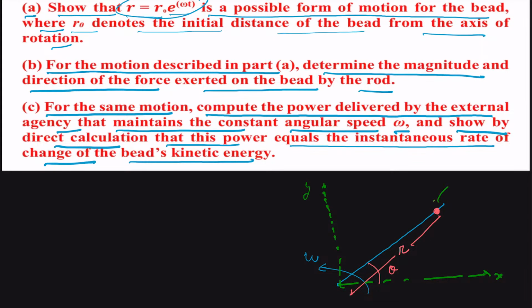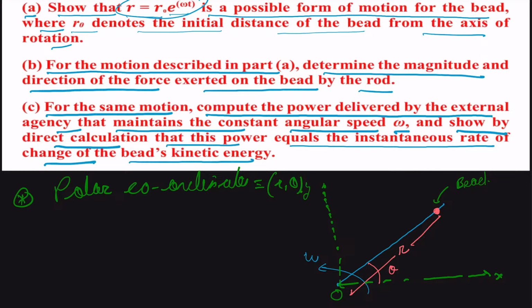This is our bead, and we assume this point as origin. So the polar coordinates will be equal to r comma theta.